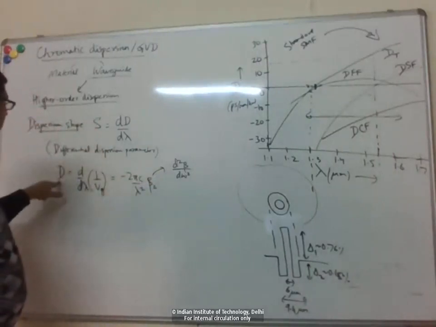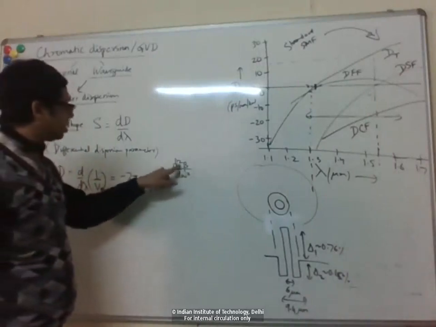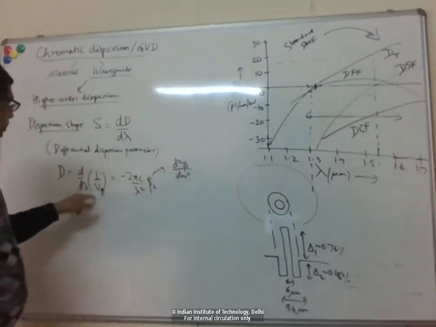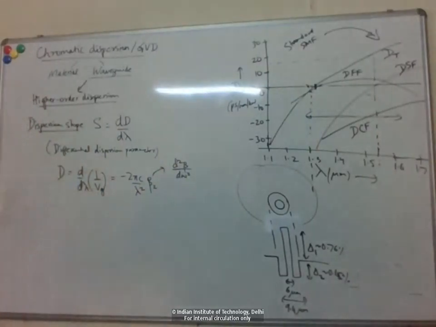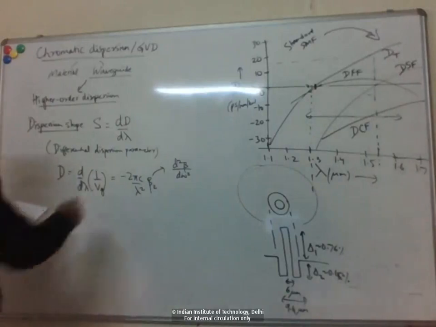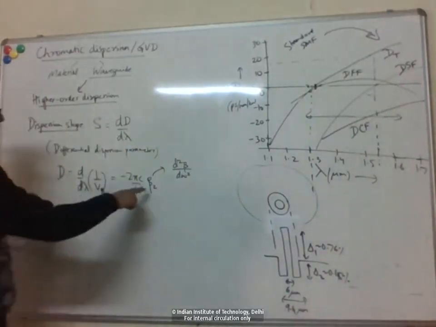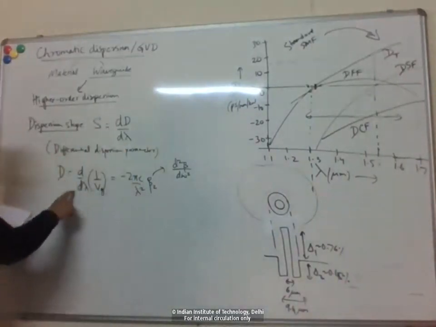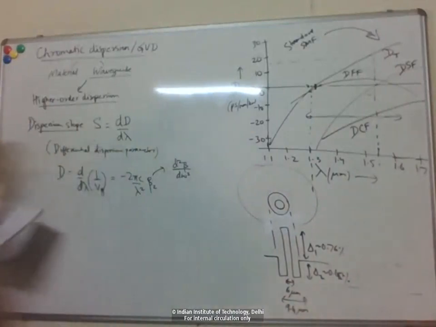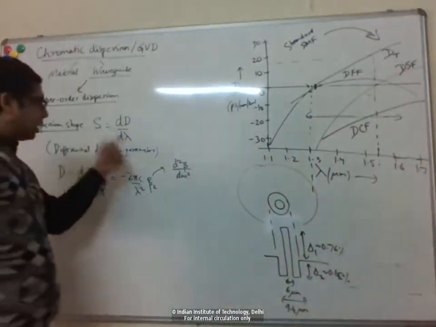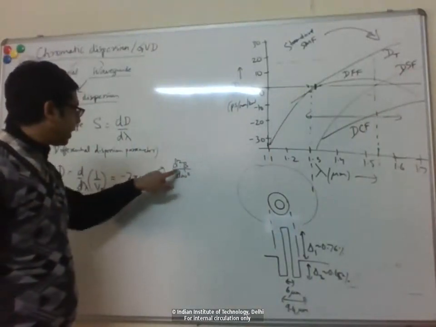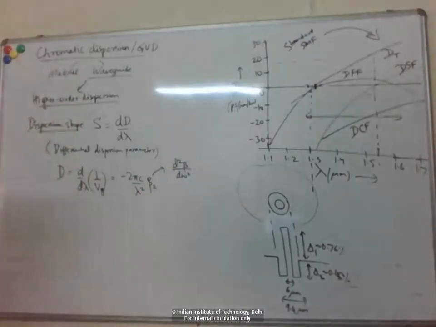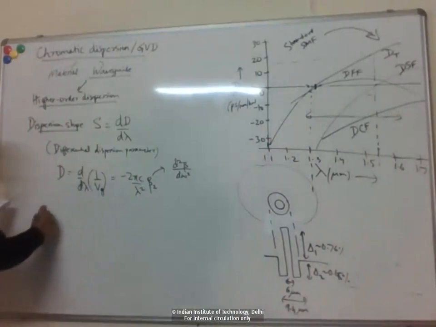The dispersion parameter is coming about from second order dispersion, also called group velocity dispersion, because we are looking at the dispersion of the group velocity. So this slope comes from third order dispersion. I'll have to take another derivative with respect to lambda, equivalently another derivative with respect to frequency. So that will be proportional to beta 3, the third order derivative.